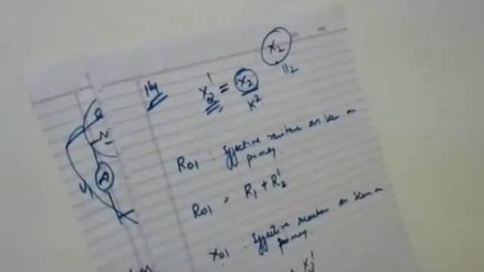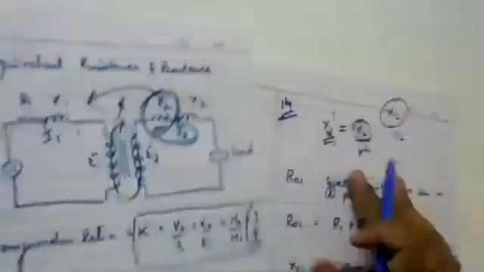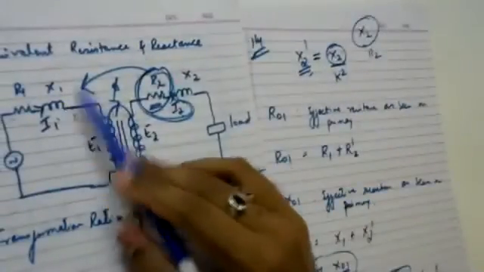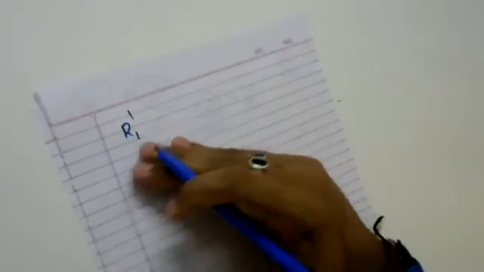Okay, fine. Now similarly, if I want to transfer the parameters from my primary side to the secondary side, I just need to remember, moving ahead in the same process, that I want something called R1 dash, because I am transferring my R1 from the primary to secondary.